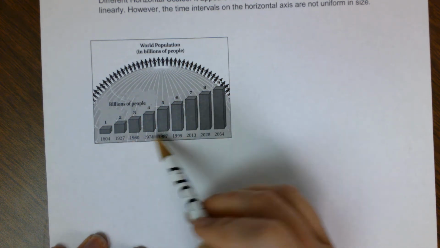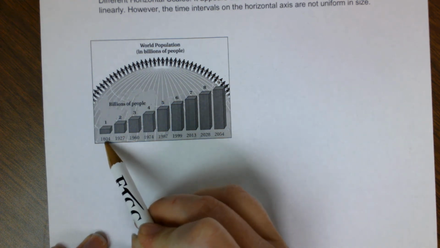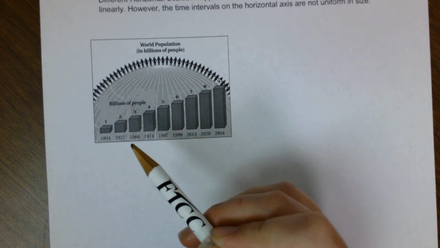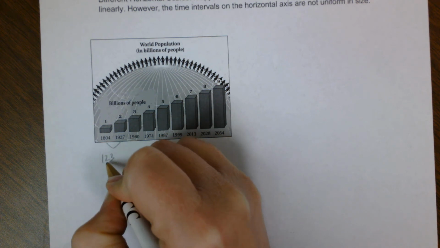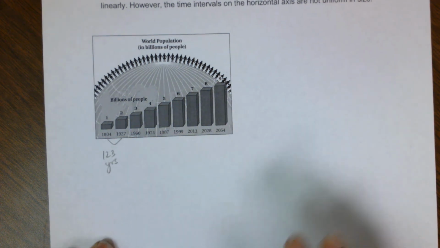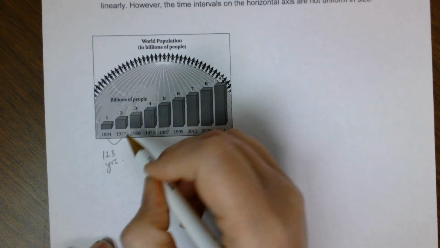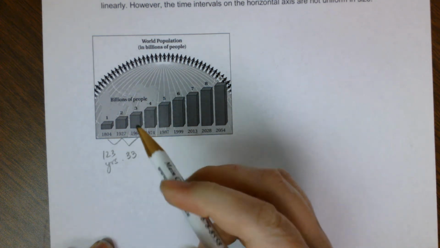So if we look at the numbers here, our years, it was 1 billion in 1804 and then 2 billion in 1927. Well, that was a difference of, what, 123 years? So it took us 123 years to get from 1 to 2 billion. Well, from 2 to 3, it only took 33 years.